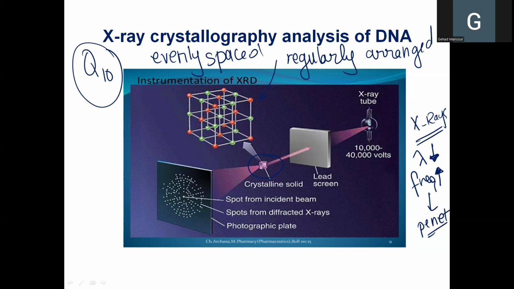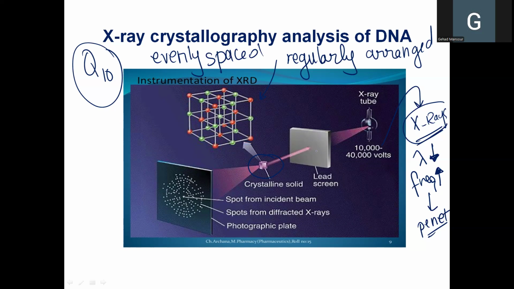See the voltage, we have a high potential difference between the electrodes, ranging from 10,000 to 40,000 volts. This is the potential difference that ensures generation of such electromagnetic waves, the X-rays, that have one of the very smallest wavelengths in the electromagnetic spectrum and one of the highest frequencies, and they can penetrate.